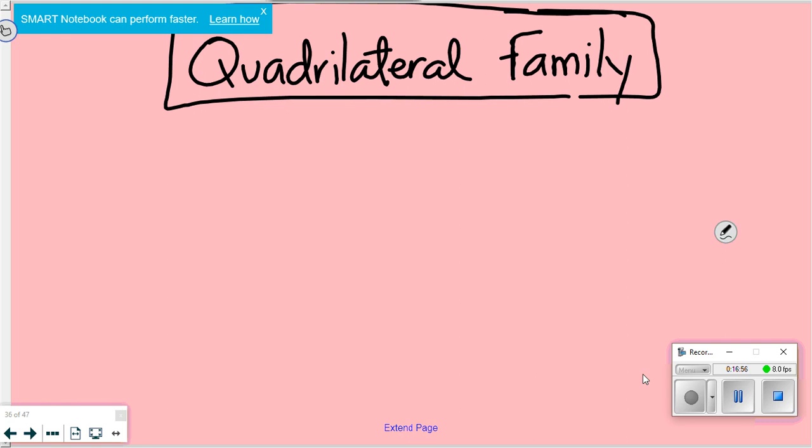Quadrilateral Family. I need you to write, please. Thank you. So we're going to organize these quadrilaterals that we've been learning about, almost like a family tree.